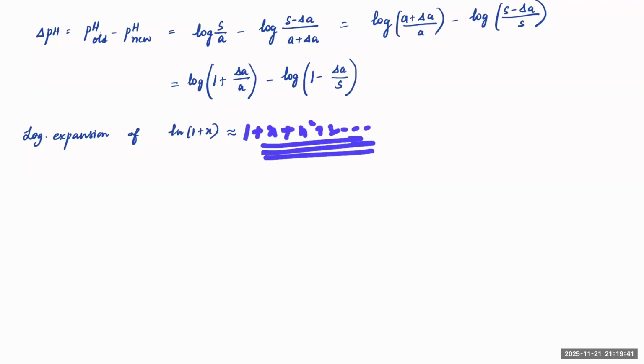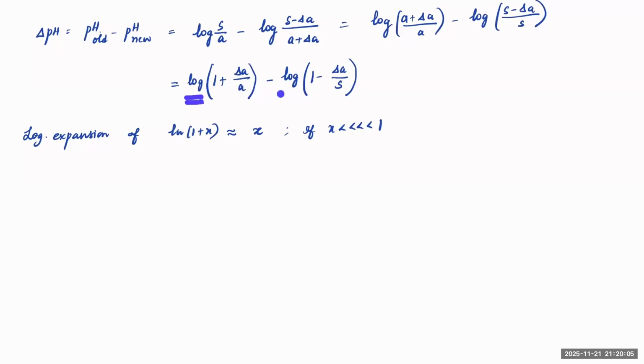But these are all very small, ignorable values, so ln of 1 plus x will be almost the same as x, if x is a very small value compared to 1. That is the same logic I'm applying here, that delta A by A is a very small value.